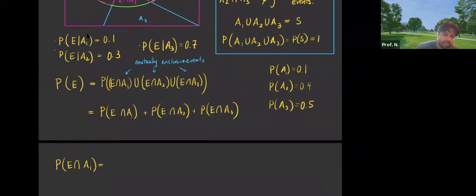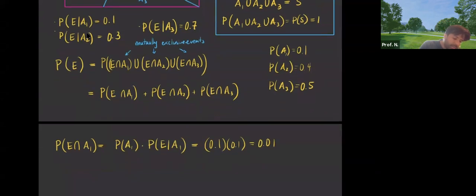That's right. Now we use that formula again, right? With the conditional probability. So we know that the probability of A1 multiplied by the probability of E given A1 is 0.1 multiplied by 0.1, and you get 0.01. Do you see that? So we got our first probability. I'm going to call this 1. Now let's look at 2.